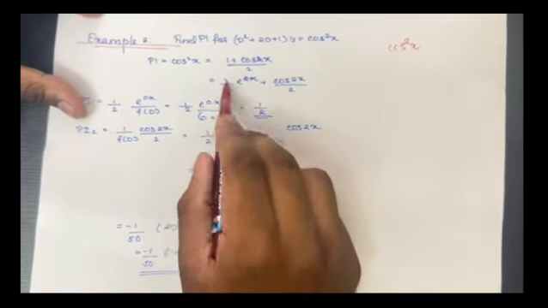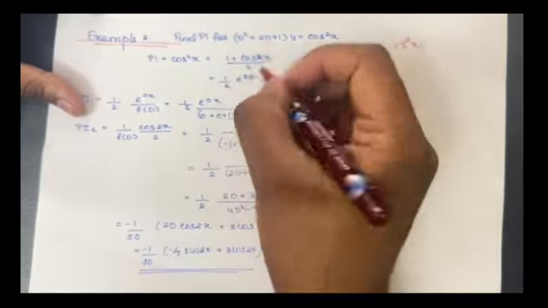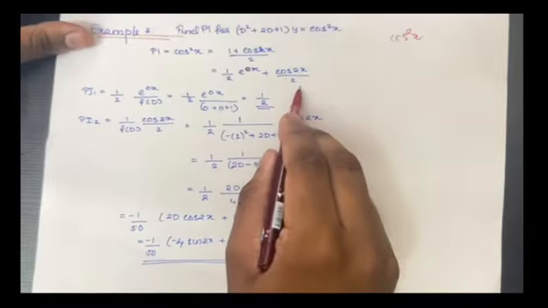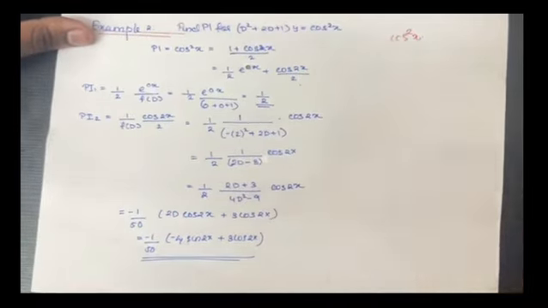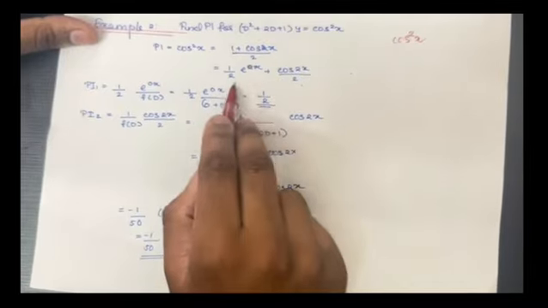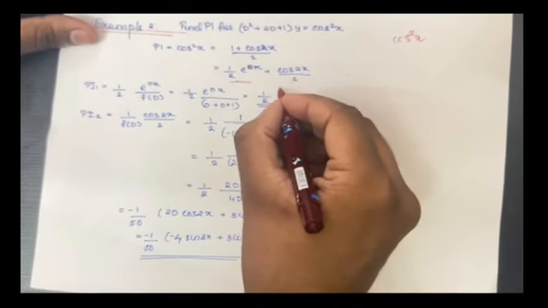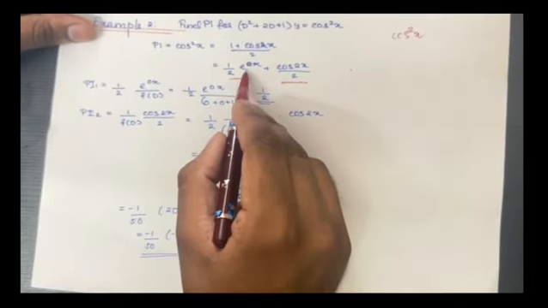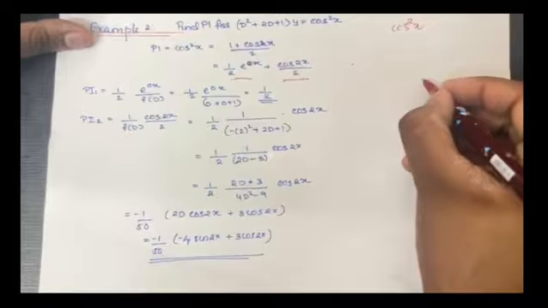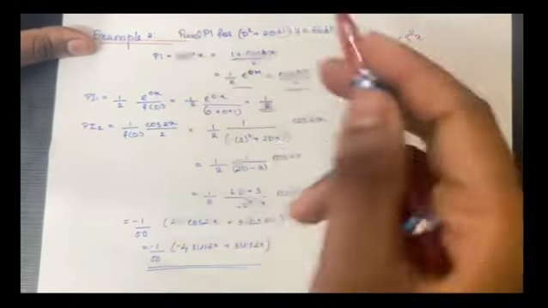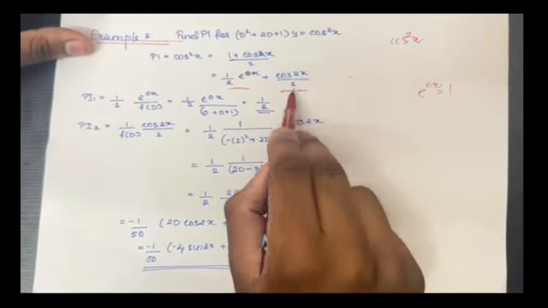This can be written in the form 1 by 2 into e to the power 0x plus cos 2x by 2. Now coming to how to find the PI for this question. Here we split our PI into two parts, that is part 1 and part 2. Part 1 we consider 1 by 2 into e to the power 0x. Here e to the power 0x is nothing but 1, and for the second part we consider cos 2x divided by 2.